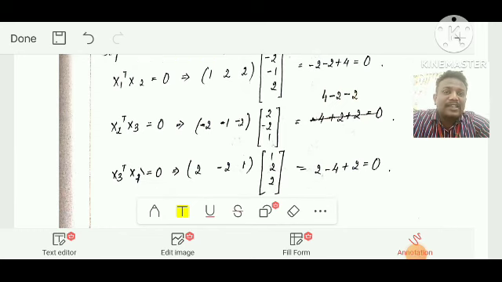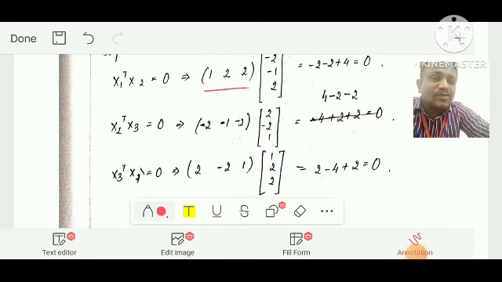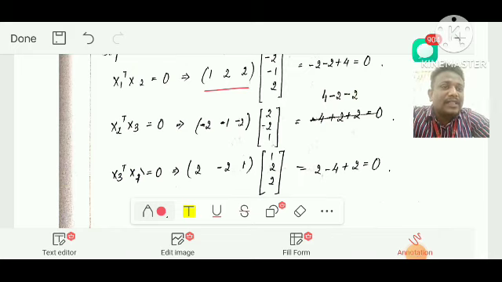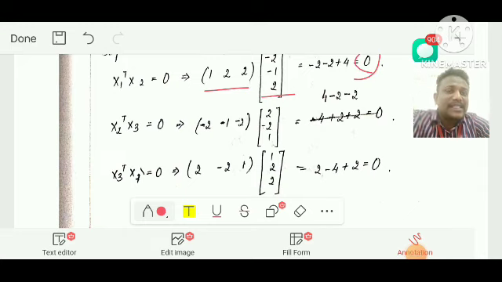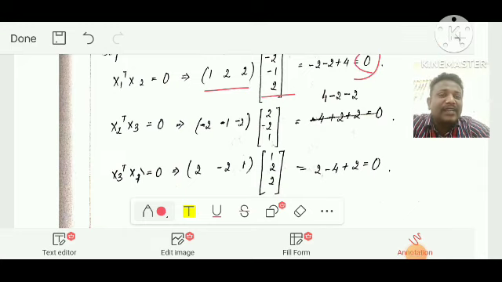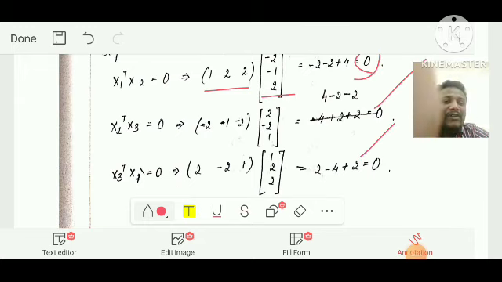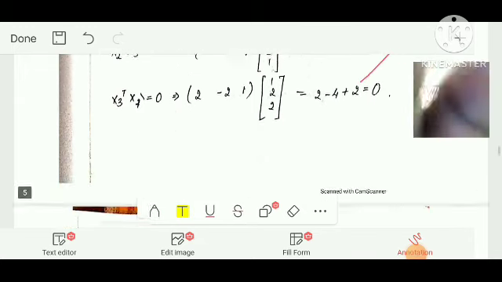X1 transpose is nothing but the first eigenvector, our capital X1, written in transpose form. Then multiply it with x2, and you will get 0. So the first condition is satisfied. Similarly, the second and third are satisfied, so our eigenvectors are correct.